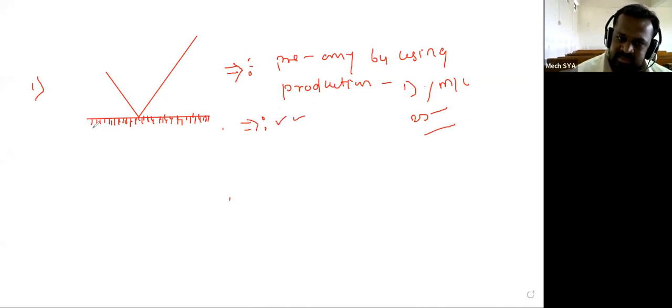See, this is the meaning of this symbol. This symbol indicates that you have to prepare any component by using any production method. There is no restriction for the production method.